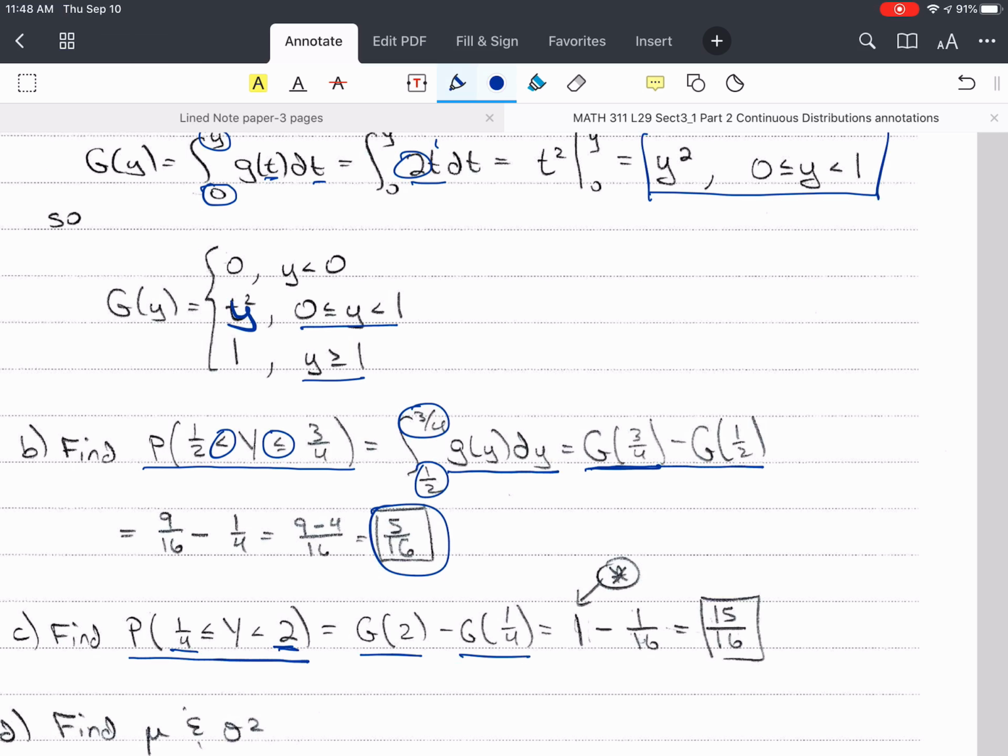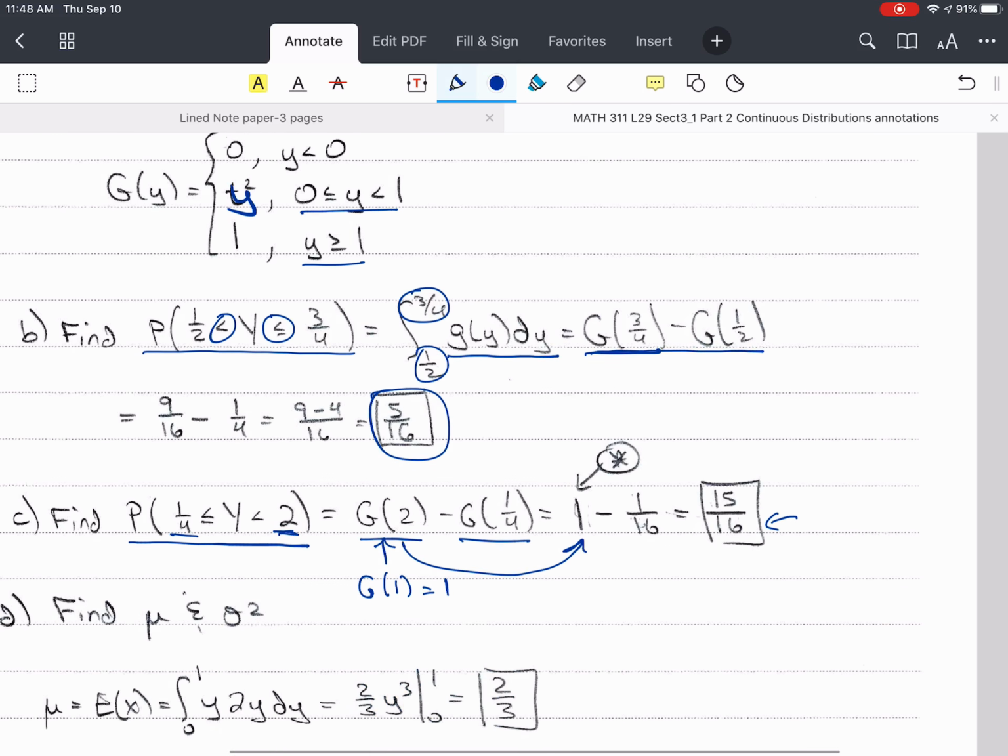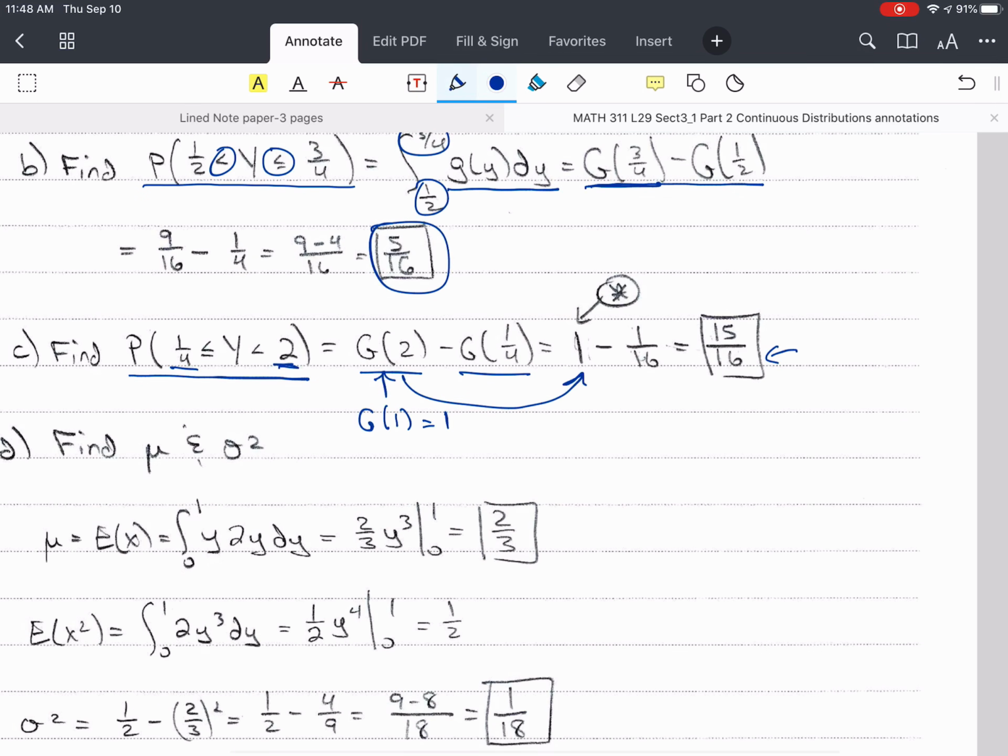Now, what happened here is that 2 is outside of the support of y. So this is going to be the same as G of 1, which is 1. So that's why this became a 1. And then G of 1/4 is 1/4 squared, which is 1/16. That gives us 15/16.